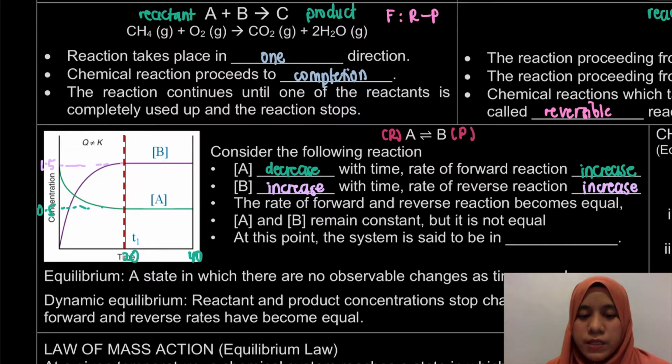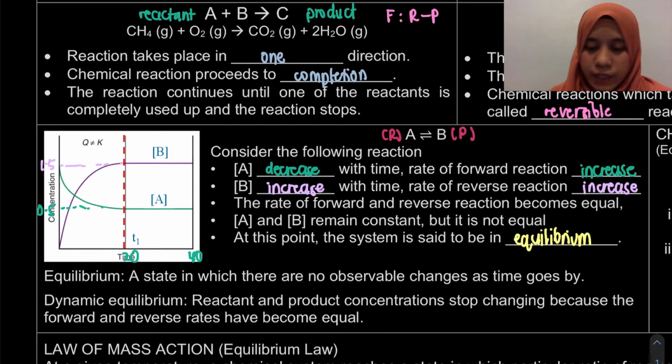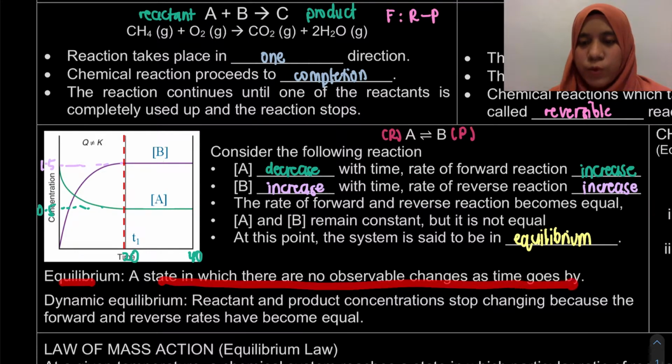So, here it mentioned that the concentration of A and B will remain constant, but it is not equal. And at this point, the system is said to be in equilibrium. Okay, equilibrium, in layman's words, is actually balance. Or if we look back at the definition here, equilibrium is a state in which there are no observable changes as time goes by.